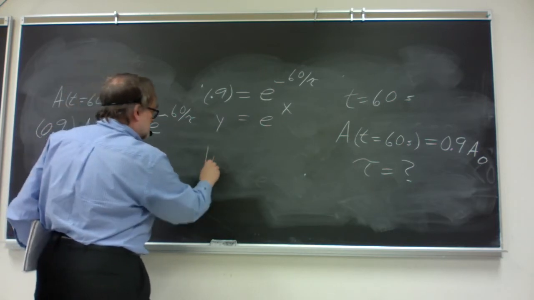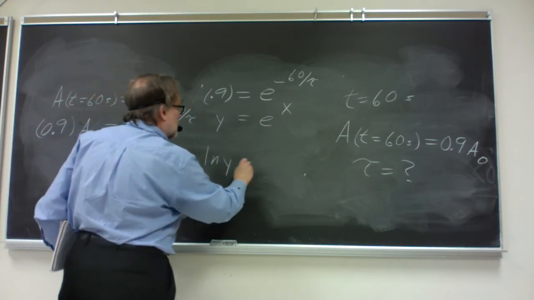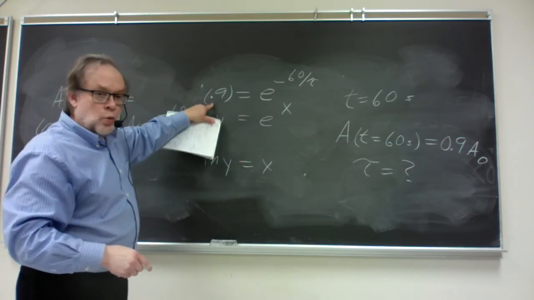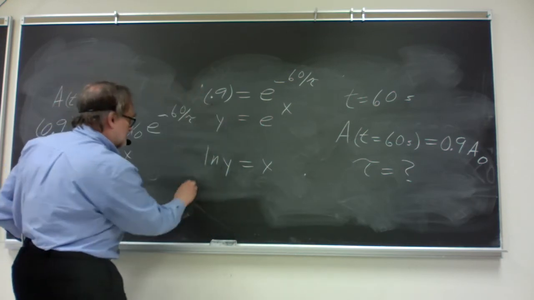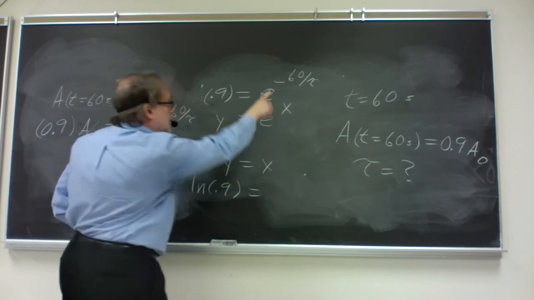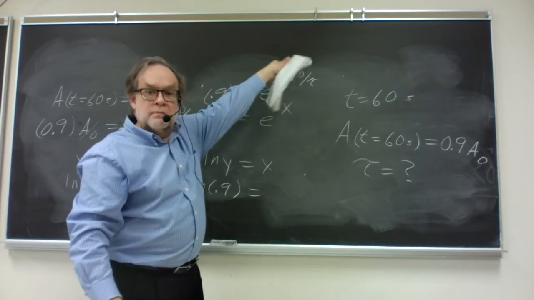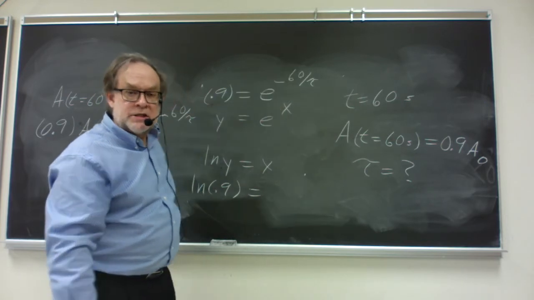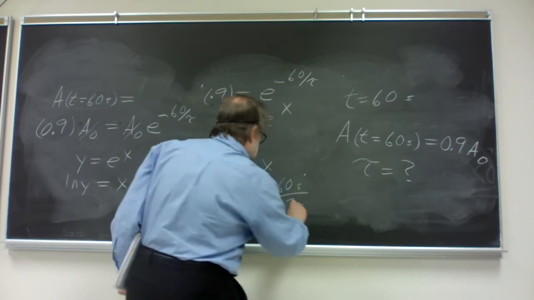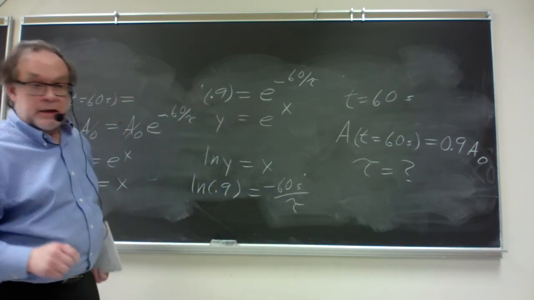So if we then say that natural log of y equals x, y corresponded to 9/10, x corresponds to the exponent, minus 60 seconds over tau. Don't throw away that minus sign, that actually matters.